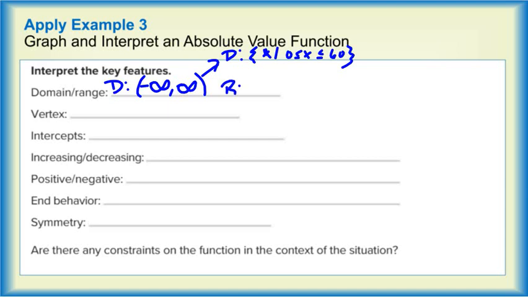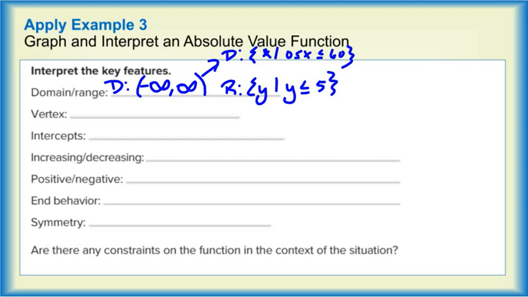Now the range: y such that y is less than or equal to 5, because he never went more than 5 miles away from his house.